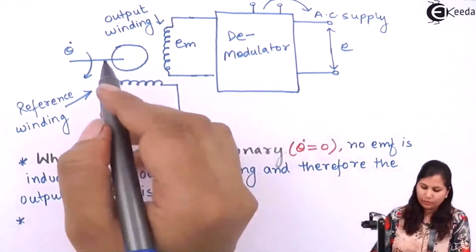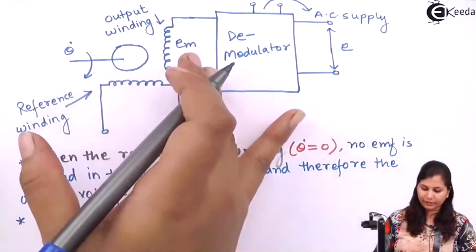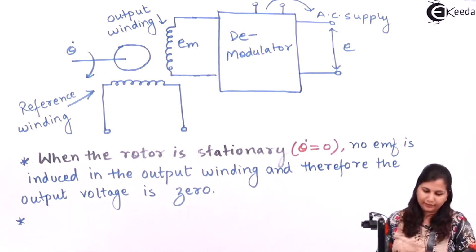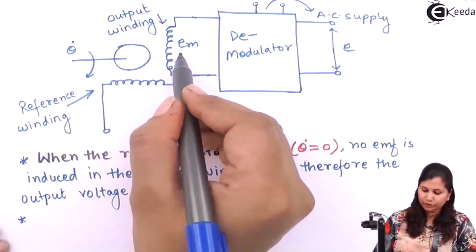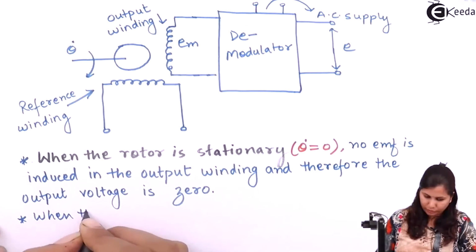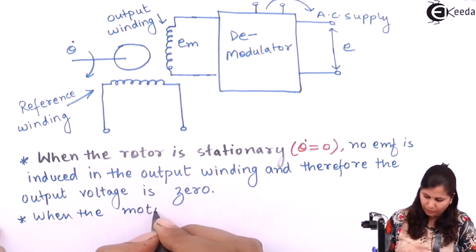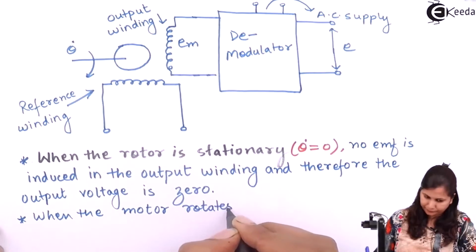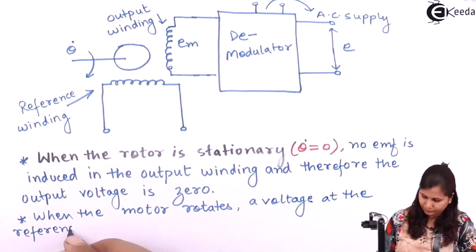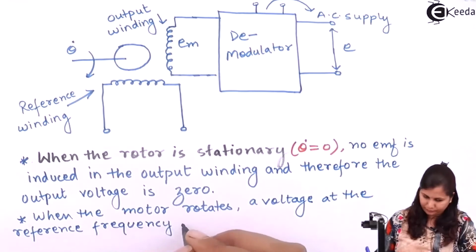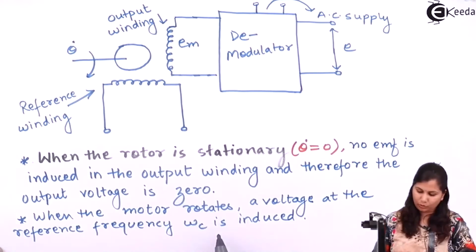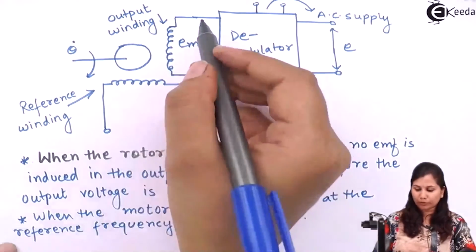Now when this rotor starts rotating, then EMF will be induced in the output winding, and due to this EMF induced we will get an output voltage. So when the motor turns or rotates, a voltage at the reference frequency omega_c is induced in the output winding.